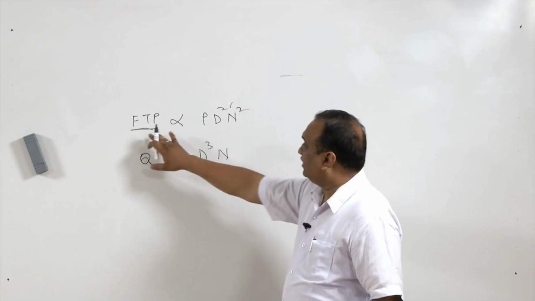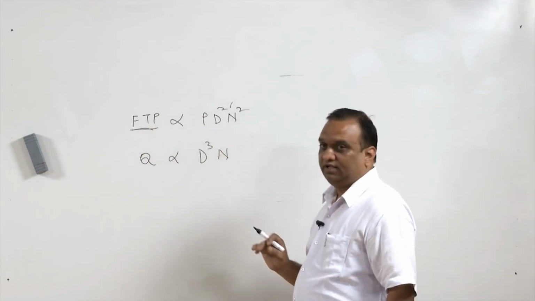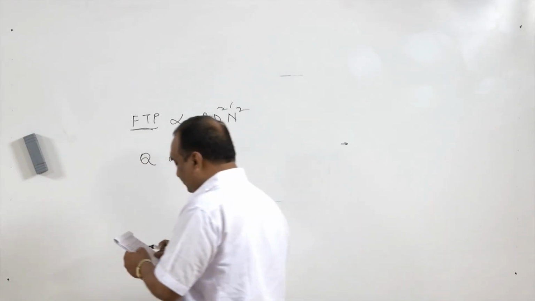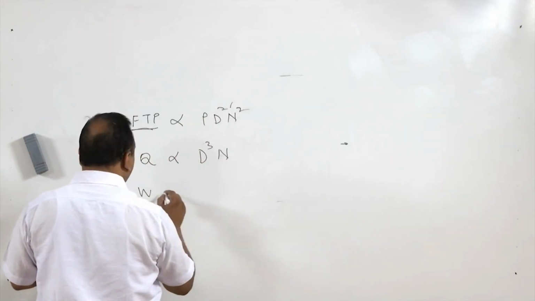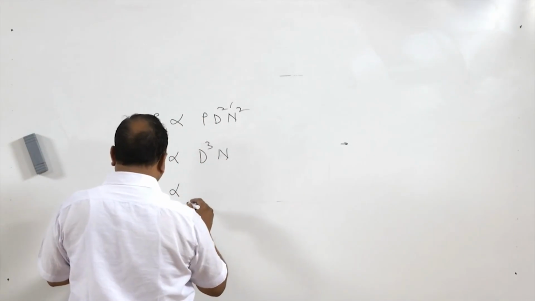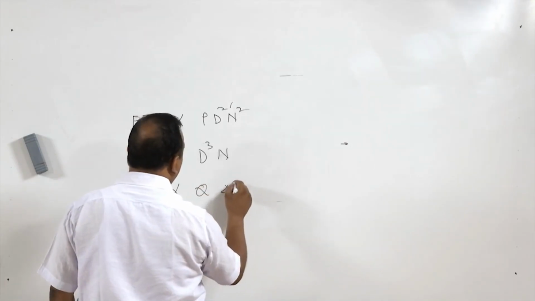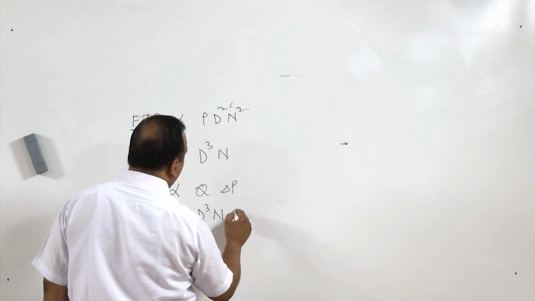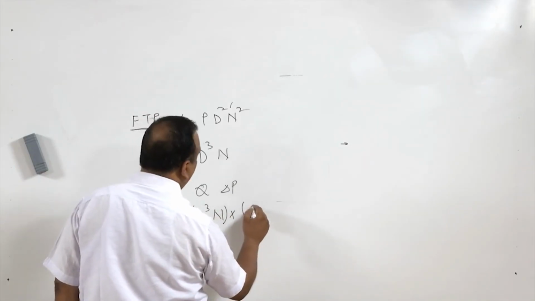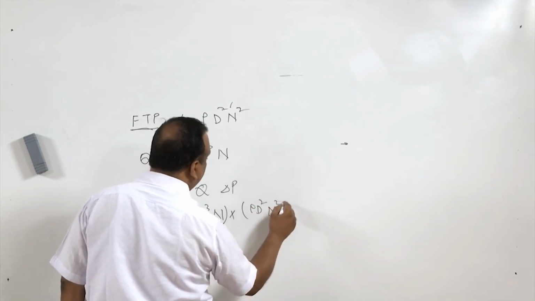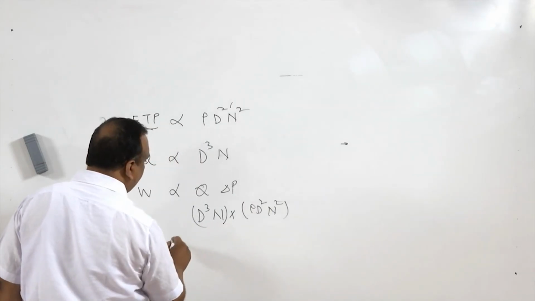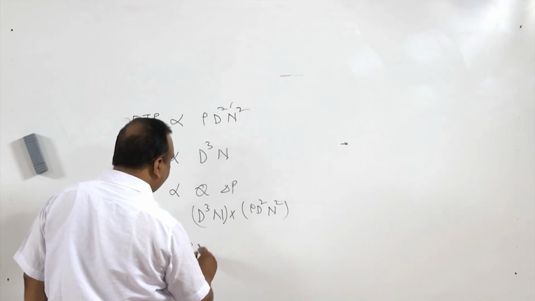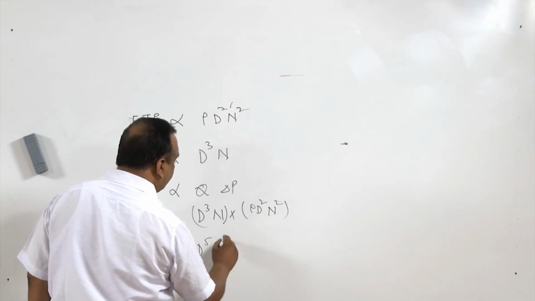So, percentage rise in fan total pressure will be sharper than the percentage rise in discharge, and power consumed by the fan is proportional to Q delta P. So, it is going to be D cubed N into rho D squared N squared, and so the energy consumed by the fan is proportional to rho D raised to power 5 N raised to power 3.